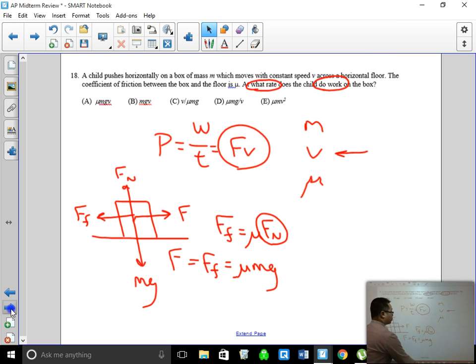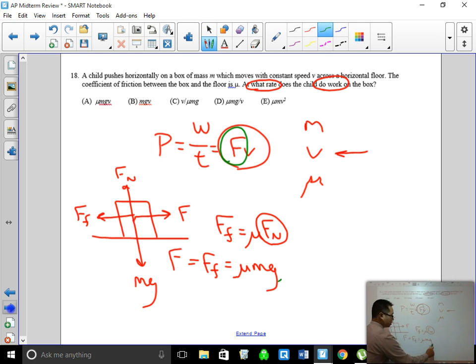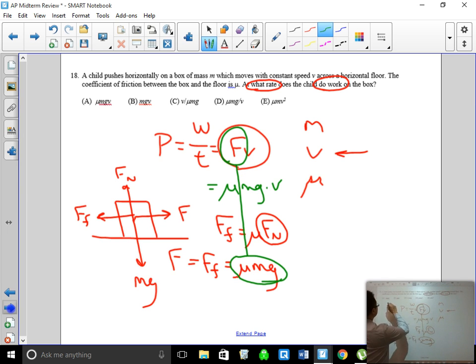So when we're talking about the force being applied, we're talking about mu mg, because it's balanced. So it ends up with mu mg times velocity, which is choice A.